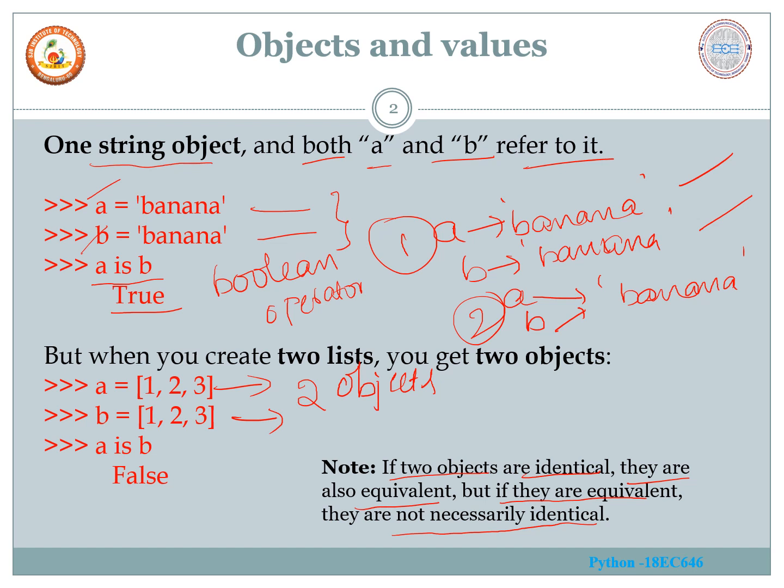Let me talk about that case. Here, A is equal to a list of 1, 2, 3 and B is equal to a list of 1, 2, 3. We say that the two lists are equivalent because they have the same elements, but not identical because they are not the same object.